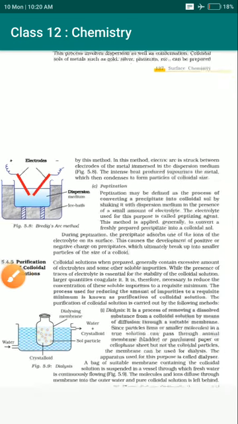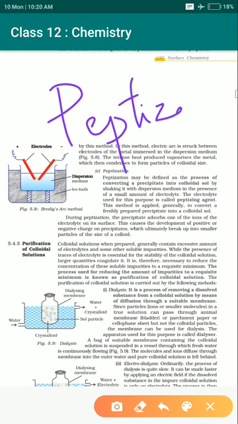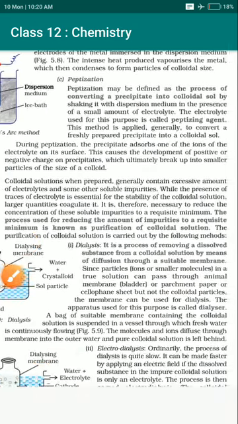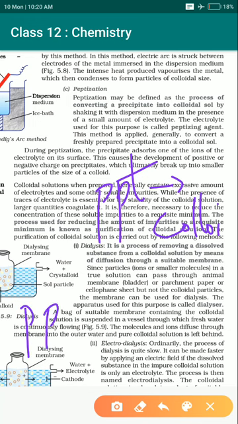Last but not the least, the process of peptization. So what is peptization? Peptization is a process where a precipitate is converted into a colloid in the presence of an electrolyte.